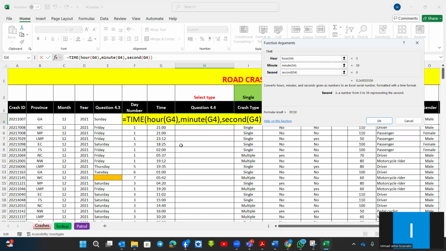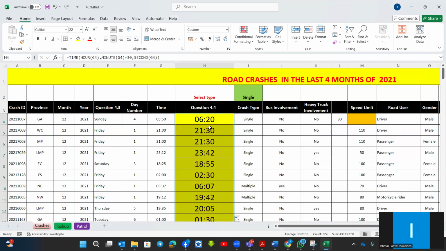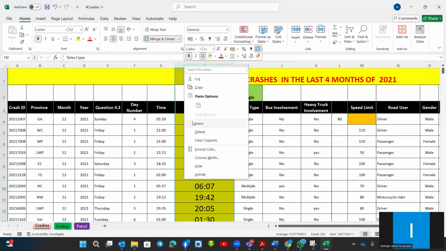Now they say 30 minutes after, so we go to where the minute function is and say plus 30. If they say 3 hours, then you touch the hour part. There we go. So 30 minutes after this time will give us this time. You can autofill as well. Right. So this is all about the time calculations.